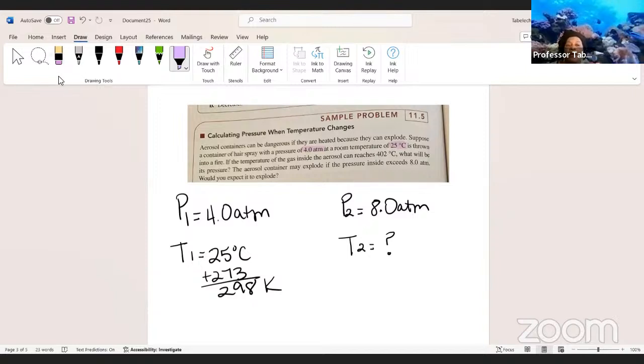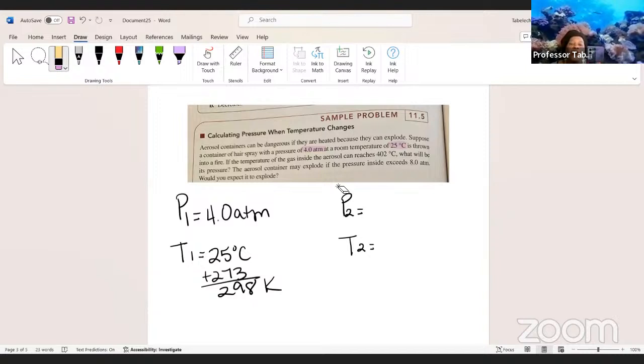So now here's what I'm going to do: we're going to figure out what the pressure will be, because that's what they're asking. I'm going to erase this one for right now because I want to come back to it.